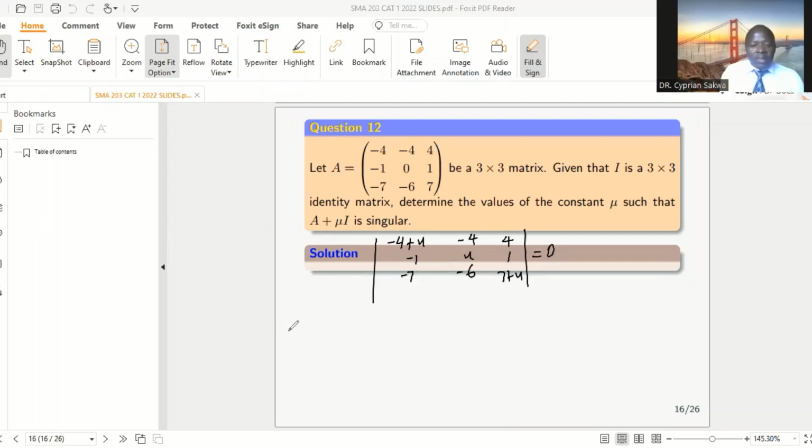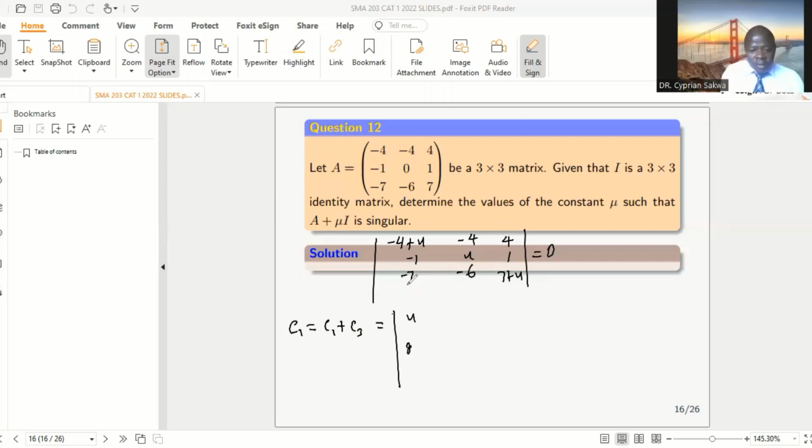Now, for instance, I'm taking the current column 1 plus column 3. The current column 1 plus column 3, what does that give me? This 4 plus that will be 0, so I have mu there. This negative 1 plus this 1, I have a 0 there.